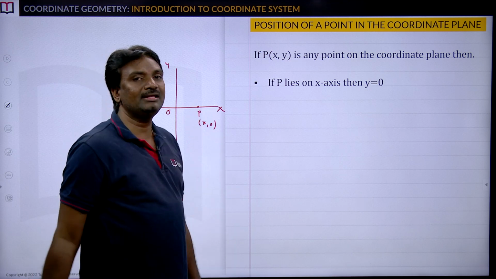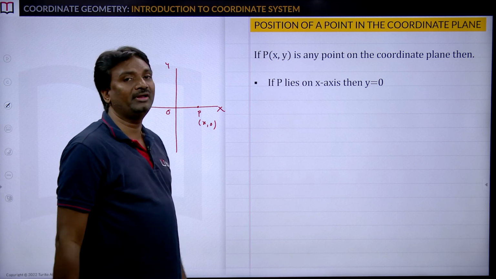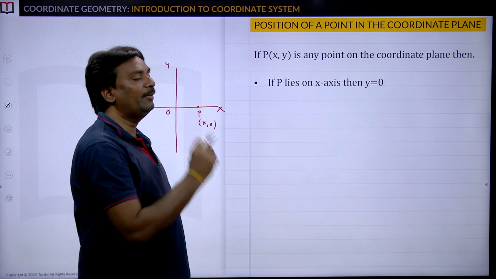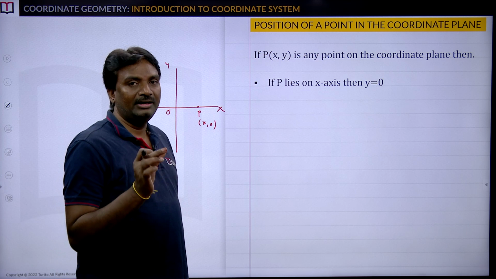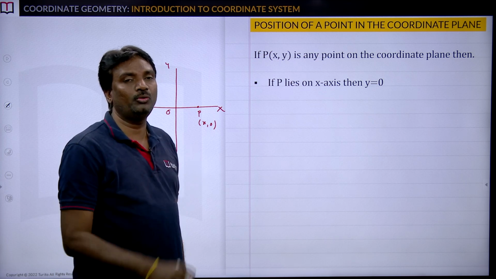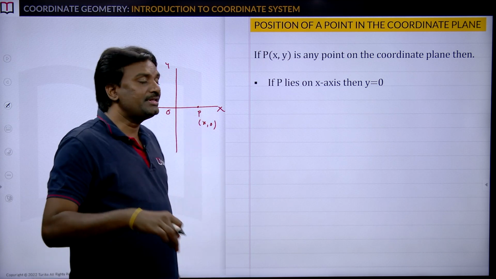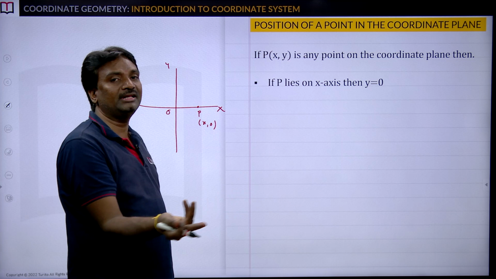Why do we take the y coordinate as 0 when P lies on the x axis? What is the meaning of P(x, y)? It is the distance from the x axis to point P and from the y axis to P. Since P lies on the x axis, the distance from the x axis to P is nothing but 0.